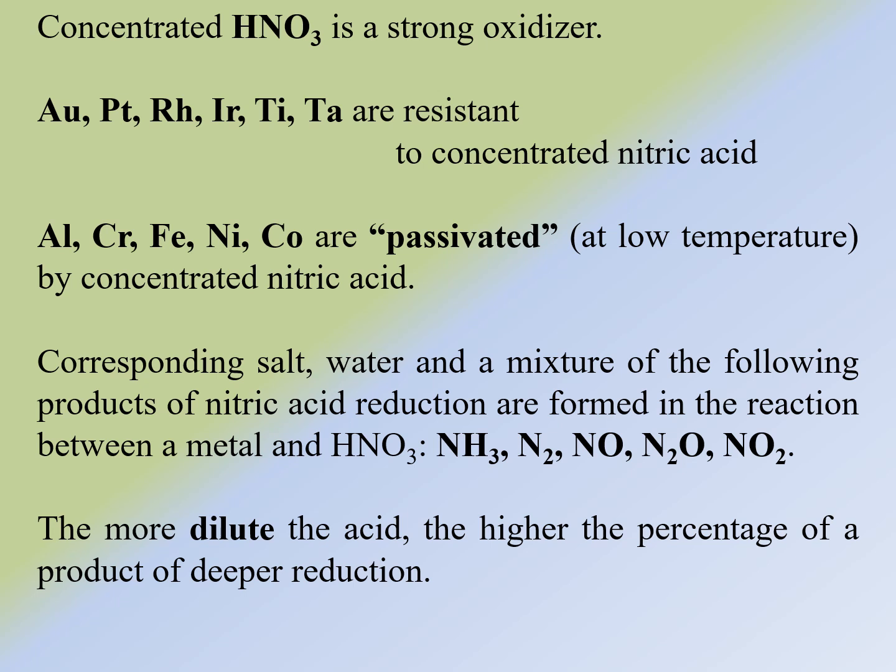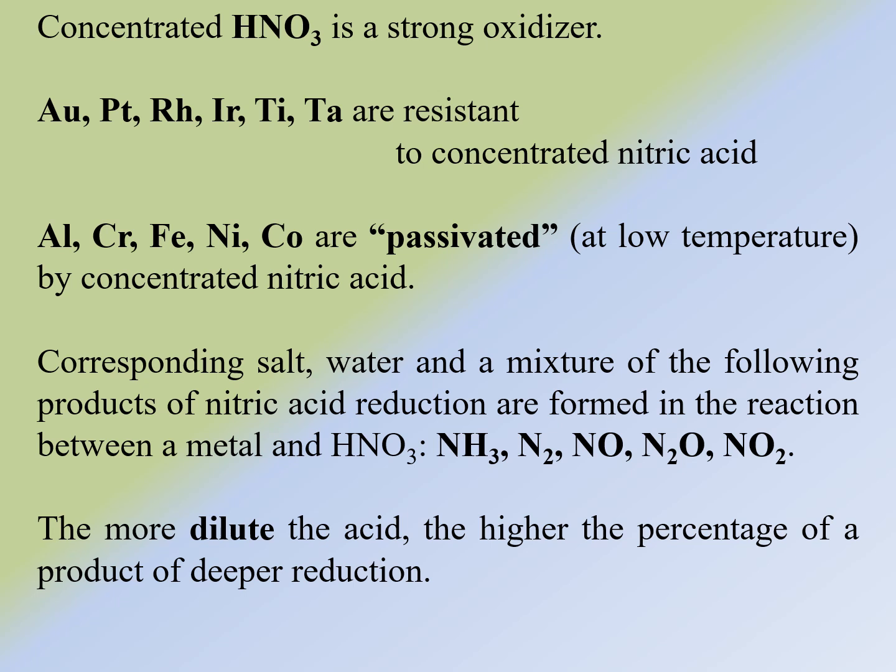Concentrated HNO3 is a strong oxidizer, but still there are some metals that are resistant to HNO3, like gold, platinum, and some others. Metals like aluminum, chromium, iron, nickel, and cobalt are passivated at low temperature by concentrated nitric acid, but at higher temperature they will react anyway.